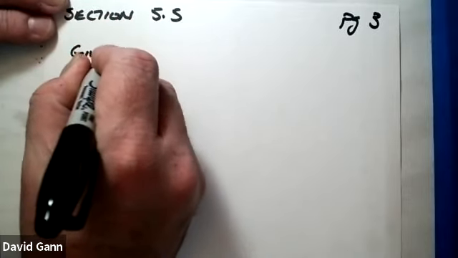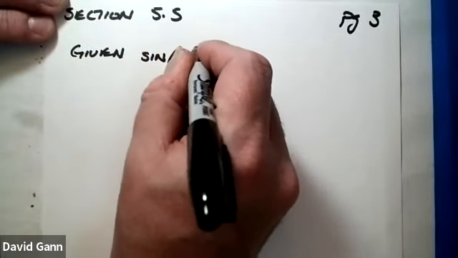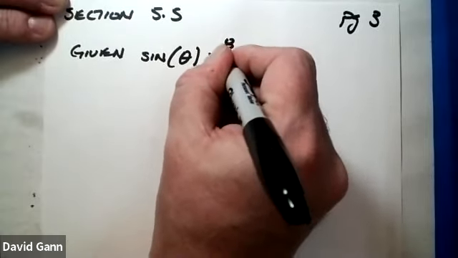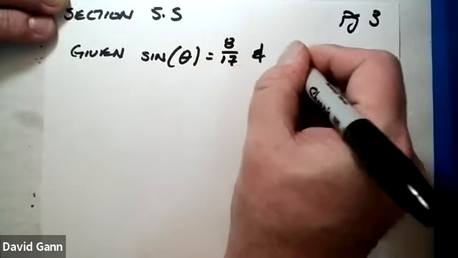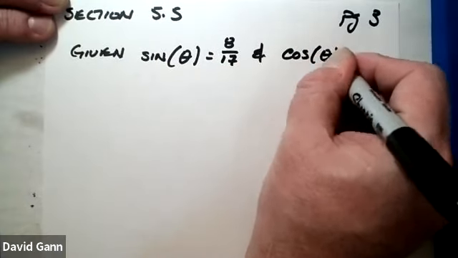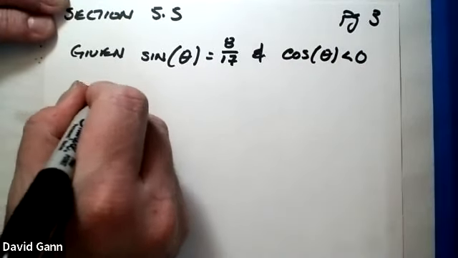So given sine of theta equal to 8/17 and cosine of theta less than 0, find a couple of things.